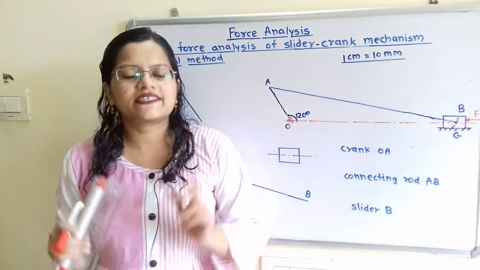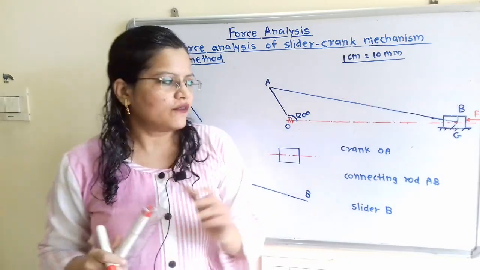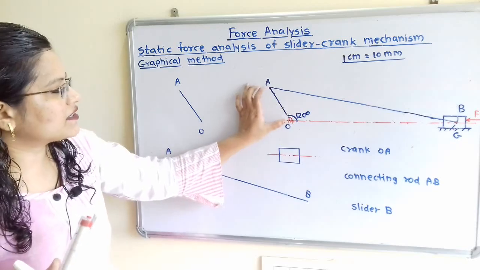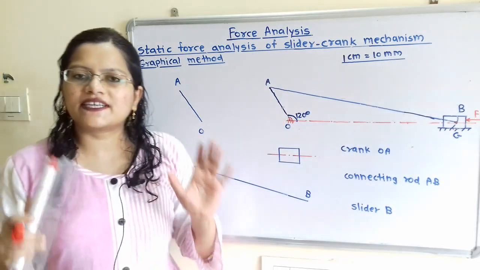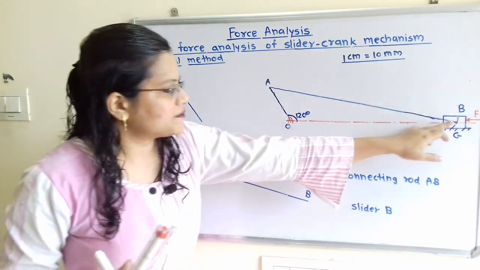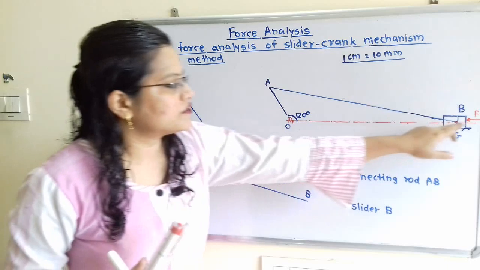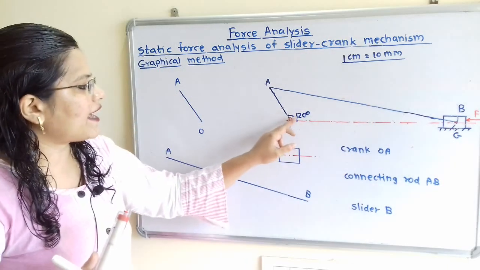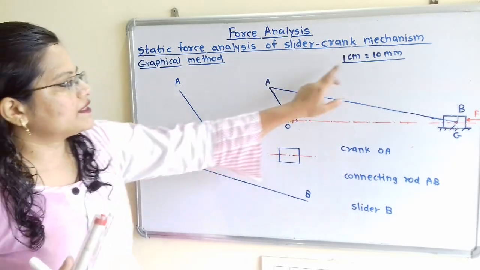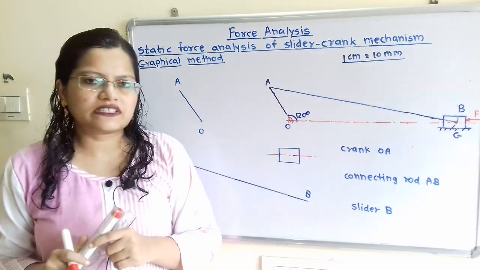Now we will solve this same question by using the graphical method. If we observe the question here, the length of crank OA is given as 100 millimeter and the angle BOA is given as 120 degree. So we first have to draw this horizontal line and, at an angle of 120 degree with scale 1 centimeter equal to 10 millimeter, draw this crank.